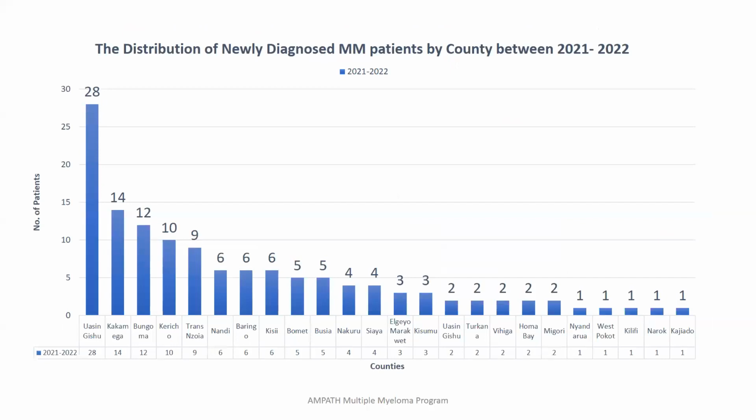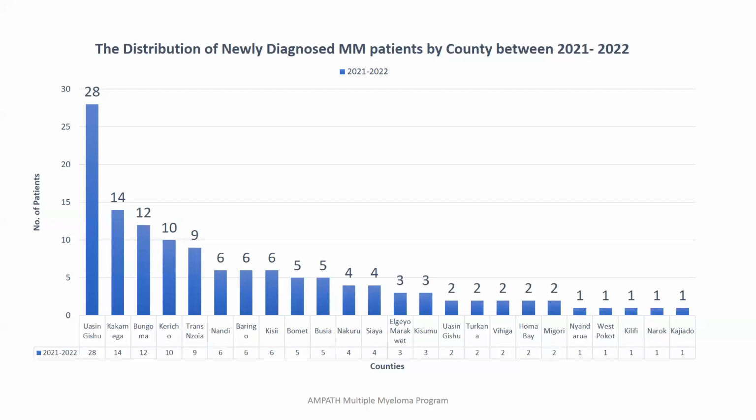This next slide shows the distribution of newly diagnosed patients in the counties that we have reached out. This is about all the counties that are referring to MTRH. You can see high on the list is Uasin Gishu County. But I think this is mainly because the catchment area for Moi Teaching and Referral is within Uasin Gishu County. So that doesn't mean that most myeloma patients live within Uasin Gishu County.